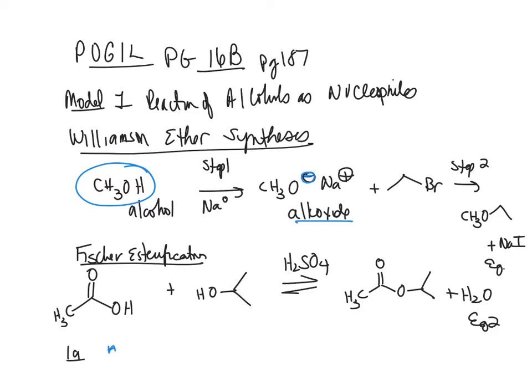It's a -1. That's the charge. C, which reagent, methanol or methoxide, would be a stronger nucleophile? Did you say the methoxide? And why? The negative charge makes it more reactive. The methanol is the neutral.